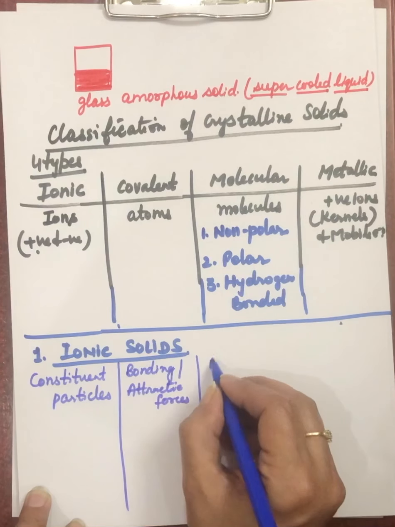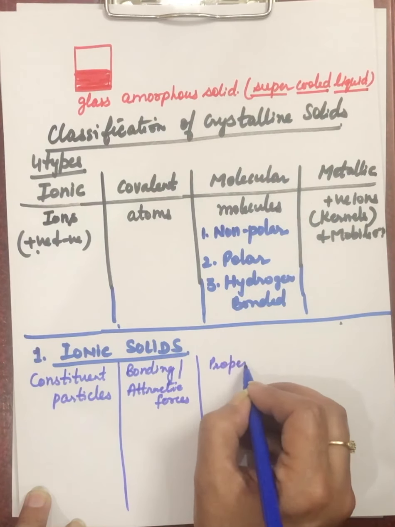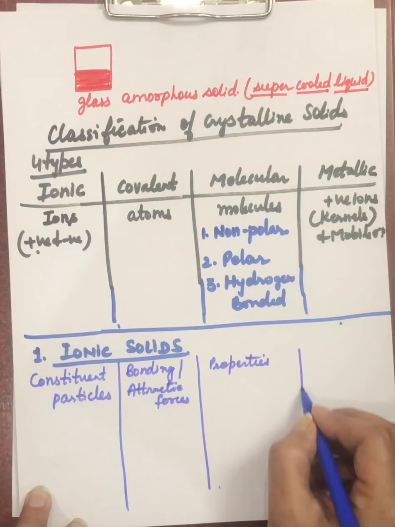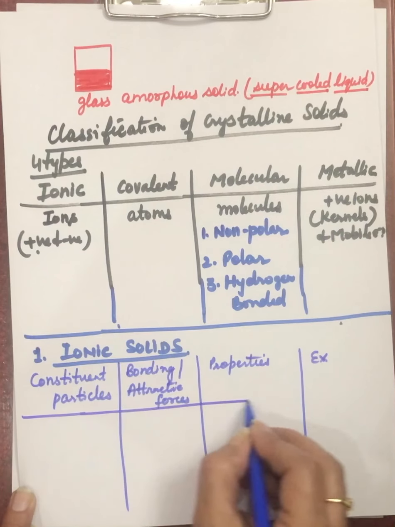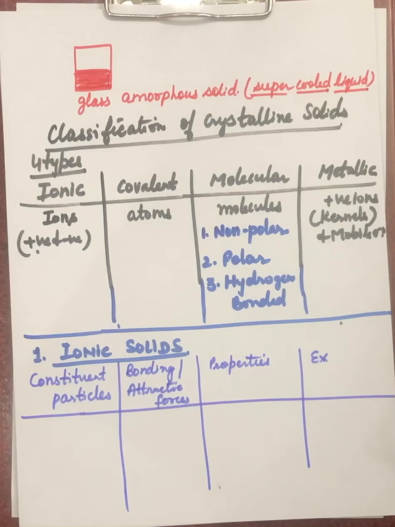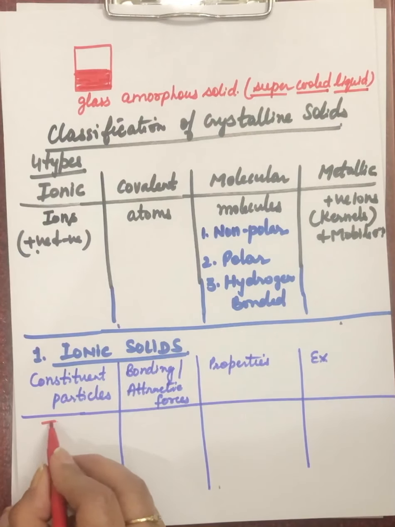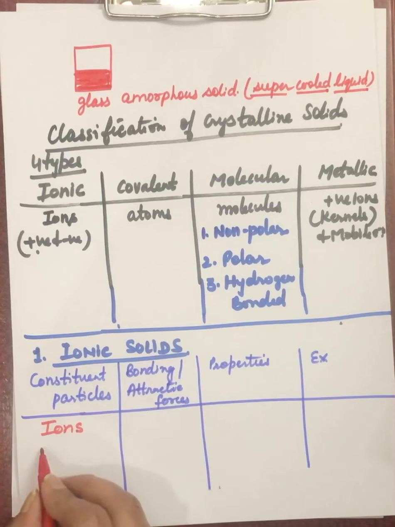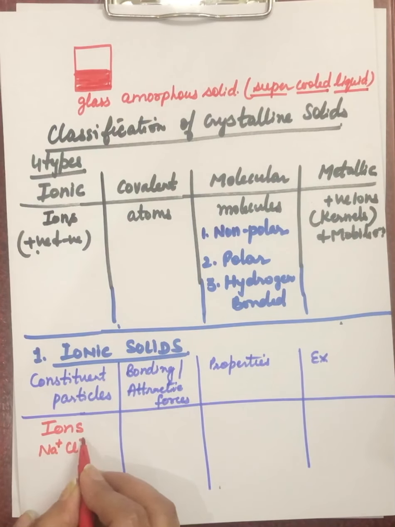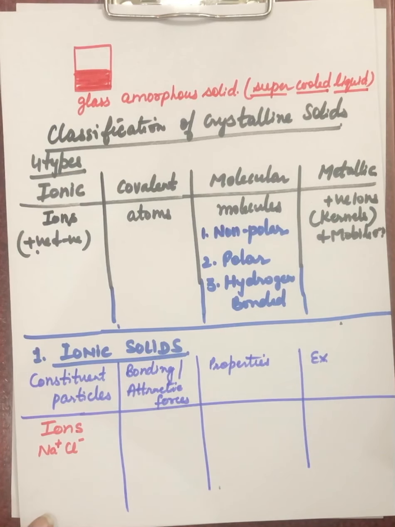Next are the properties of these solids. And last we are taking examples of these solids. The constituent particles in these solids are ions. Example is NaCl. So NaCl has positive ion Na plus and negative ion Cl minus.